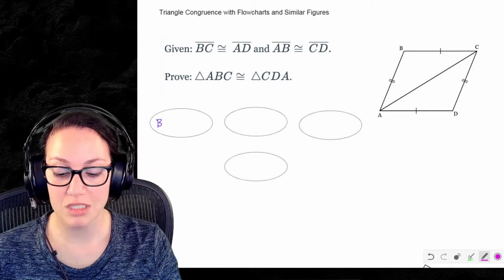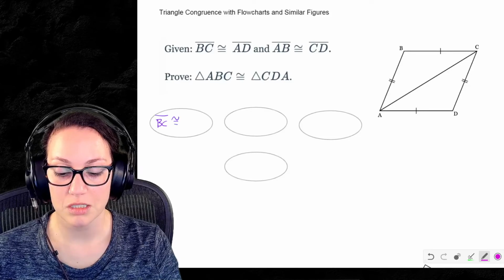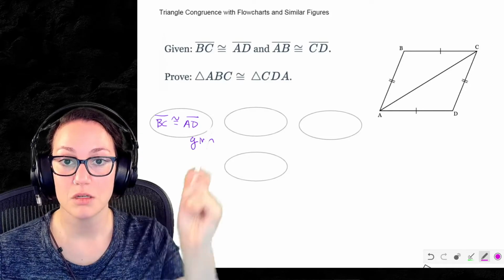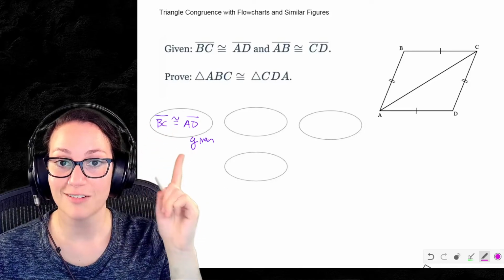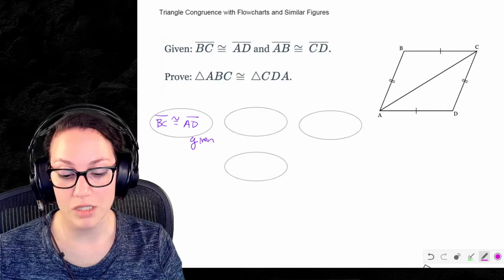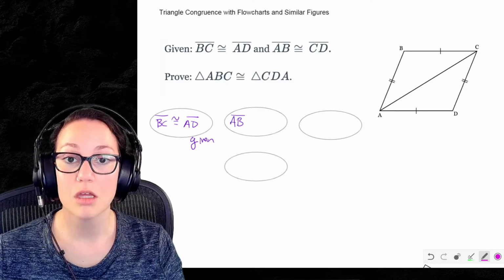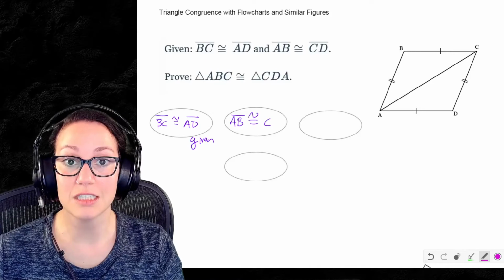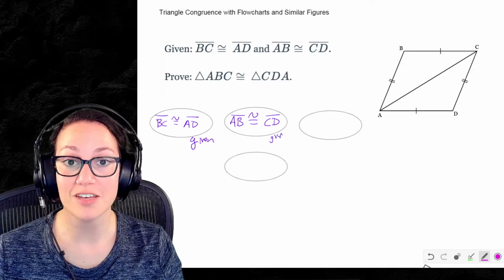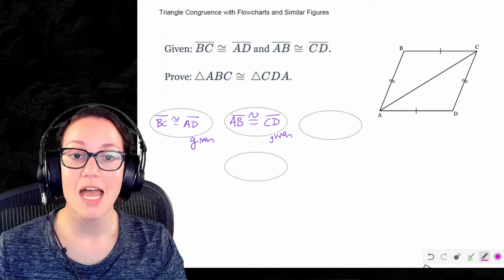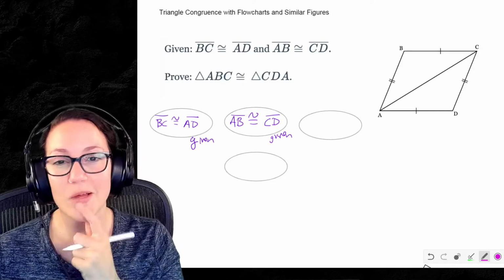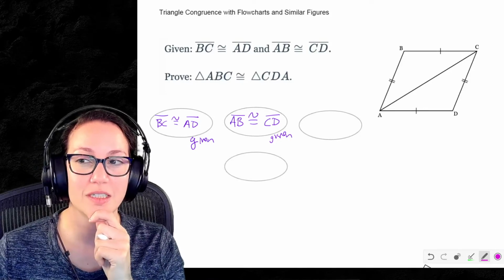So our first given was that line BC is congruent to line AD. Again, always including the reasoning: statement, reasoning. Our next given statement was that line AB is congruent to line CD. And again, that was also just given. And now, last but not least, what do we often use?